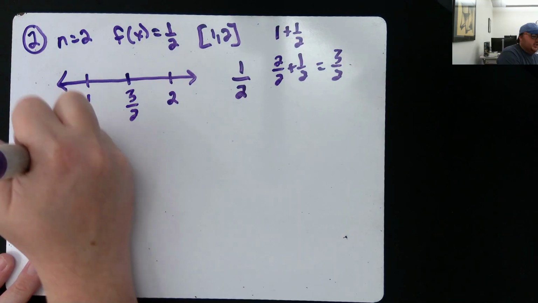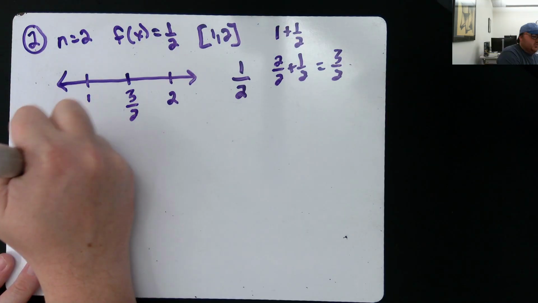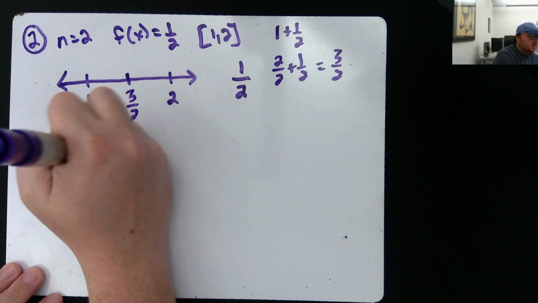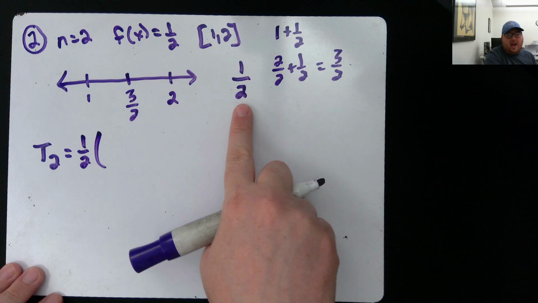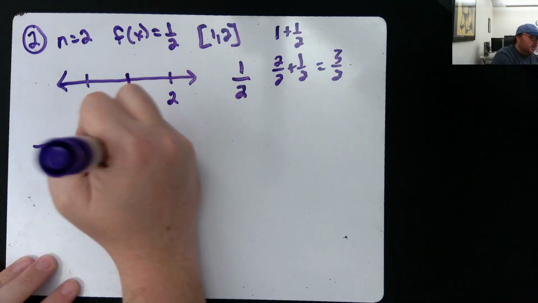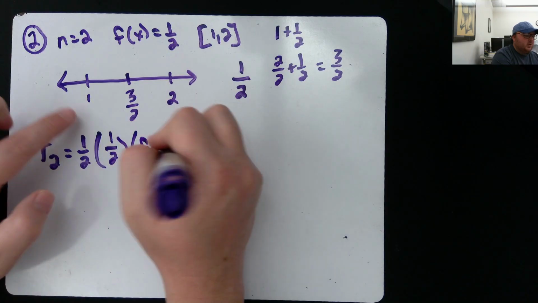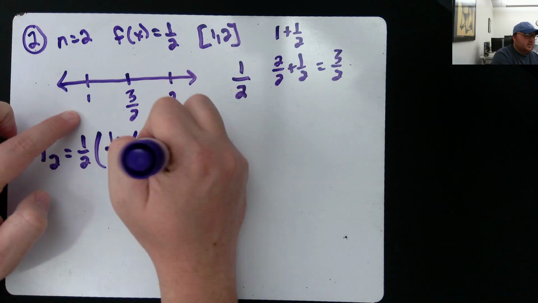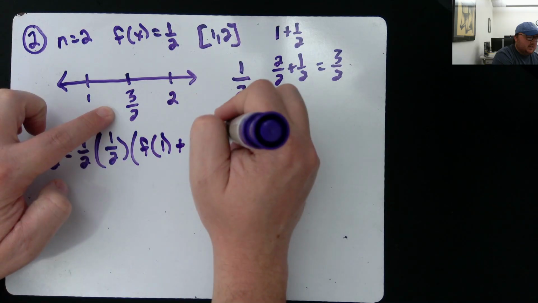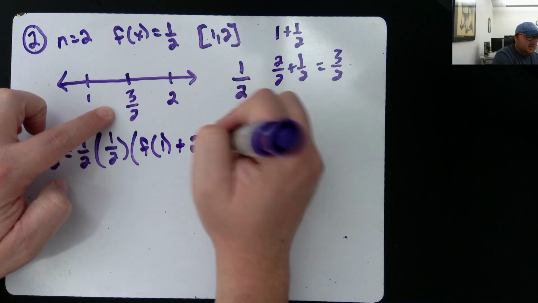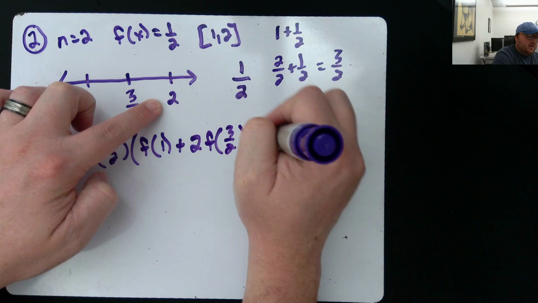So to do T2, remember there's always a 1/2 out front, times the delta x, which we said was 1/2 because that's how wide each part must be. Then times 1f at my first point, plus 2f of my next point. And then the only one left is my last point, so it's just 1f at that point.